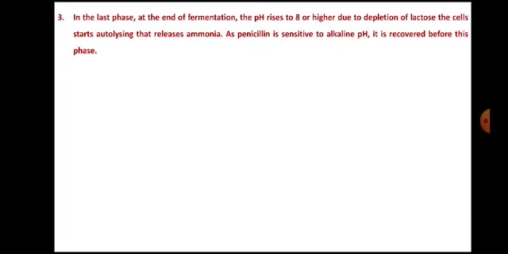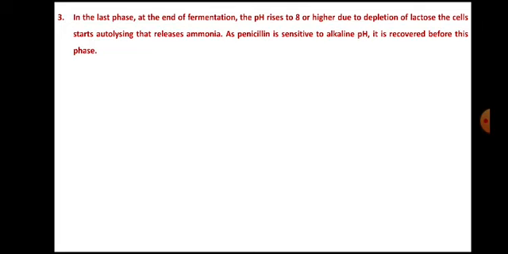In the last phase, at the end of fermentation, that is approximately 4 to 5 days, the pH of the medium increases and goes beyond 8. This higher pH is due to depletion of lactose.